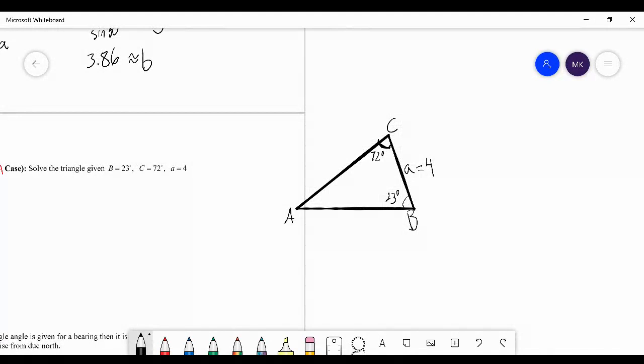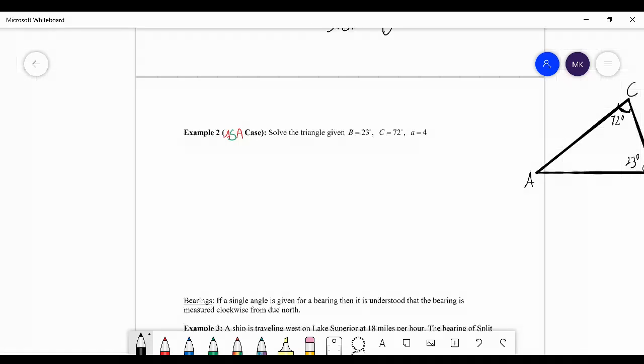So doing the exact same thing as we did on the previous problem, we know that angle A is equal to 180 degrees minus 72 degrees minus 23 degrees.